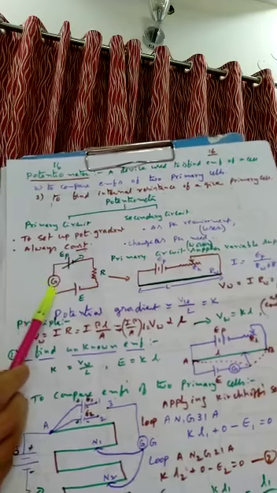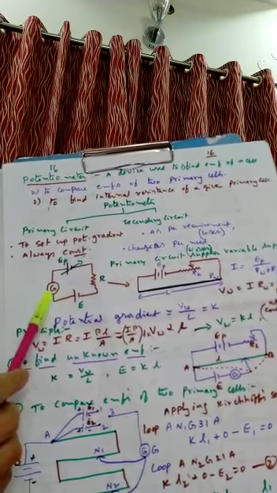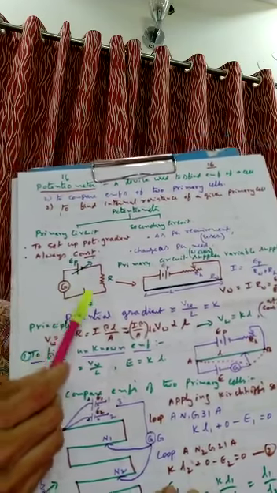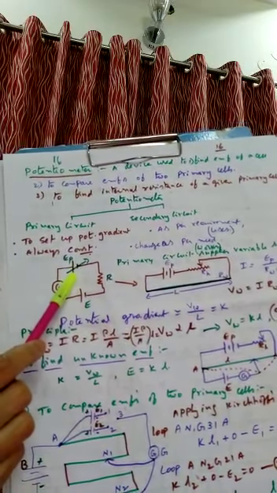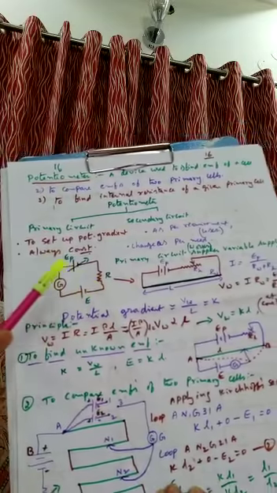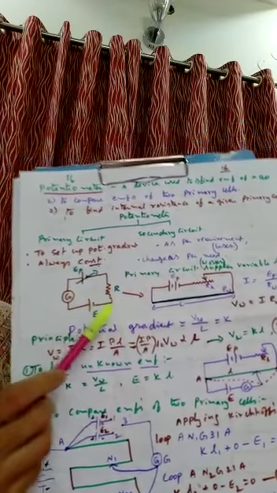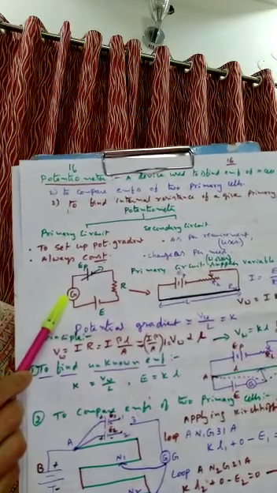Then the current changes in the galvanometer. It shows a deflection on one side, no doubt. But if I go on increasing the EMF of the battery, then at a particular point the galvanometer shows zero deflection.